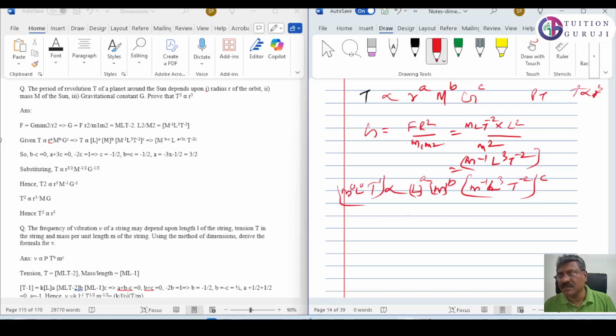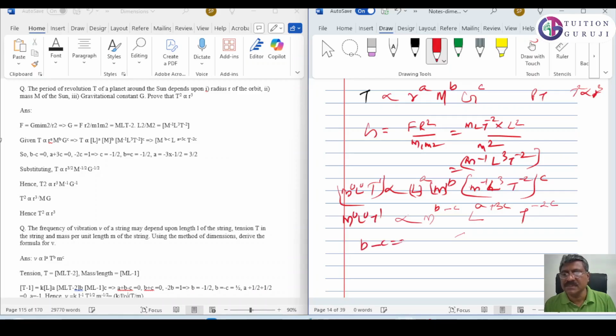Now what happens? It is proportional to M raised to b minus c, then L raised to a plus 3c, then T raised to minus 2c, equal to M raised to 0, L raised to 0, T raised to 1.